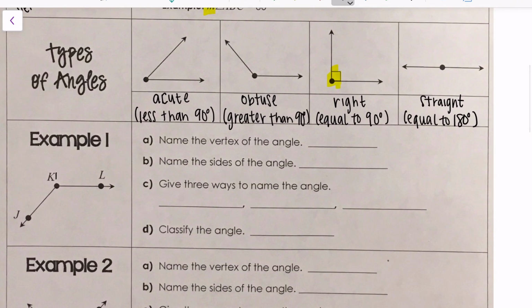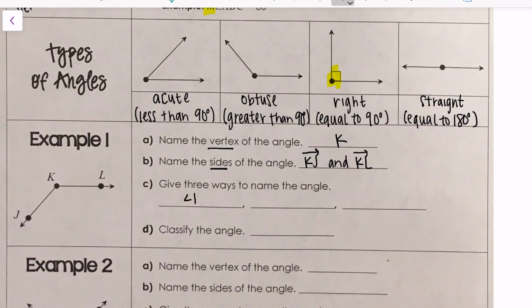All right, let's take a look at some examples here. So first, let's name the vertex. Well, the vertex is just a point, it's K. Let's look at the sides. I know that sides are made up of rays, so I'm going to start with my vertex and name the endpoint. It's ray KJ and ray KL.